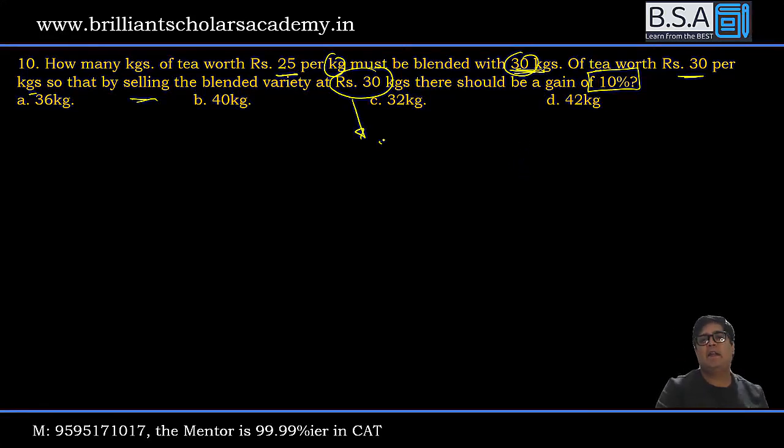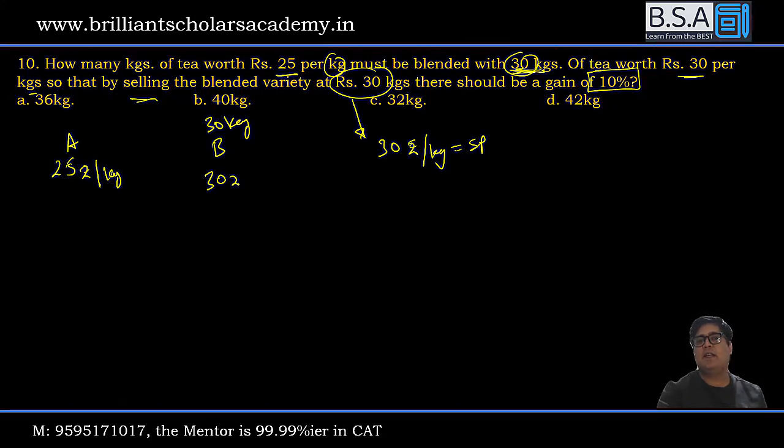30 rupees per kg is selling price. 25 rupees per kg is price of one variety. Let us call the variety A. There is another variety. We are using 30 kilograms of it, and the price is also rupees 30 per kg.